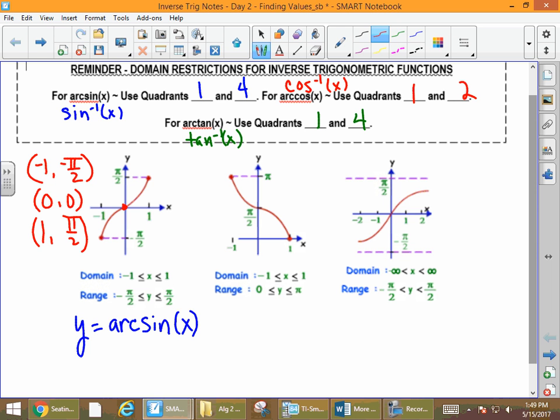Our next graph is y equals arc cosine, or cosine to the negative 1 of x. The values on this particular graph, as we can see, are negative 1, pi. And here's a point right there, which is 0, pi over 2.